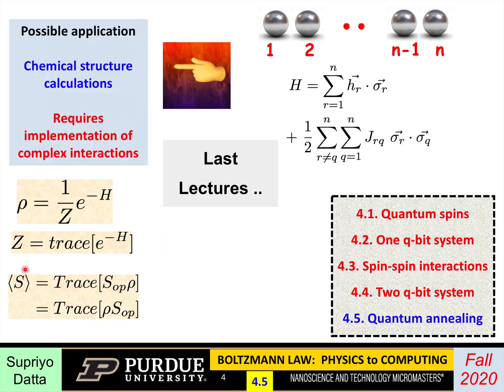One use for a system of quantum spins, what you might call generally adiabatic quantum computing using qubits, would be chemical structure calculations, which can be cast in the form of an H matrix describing the interactions of many spins. But as I pointed out, the challenge there is how to implement the complex interactions in the actual hardware.